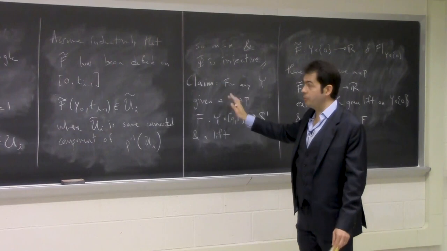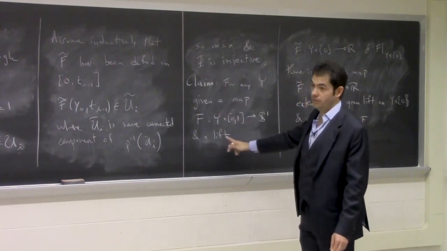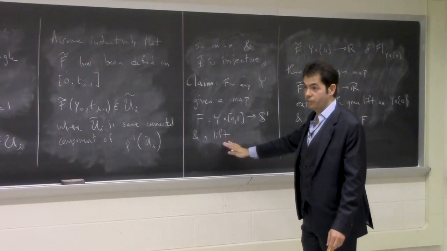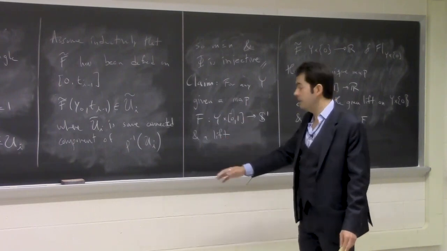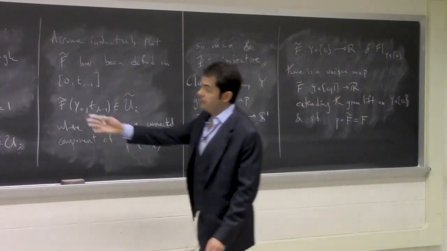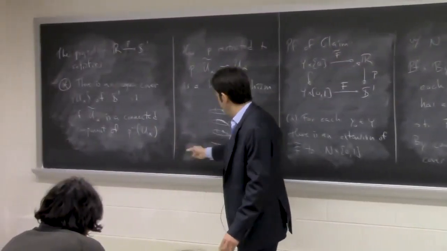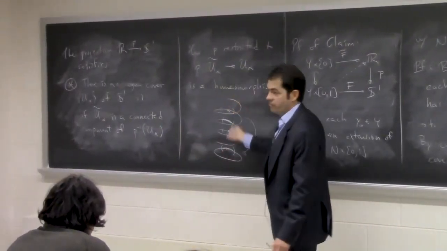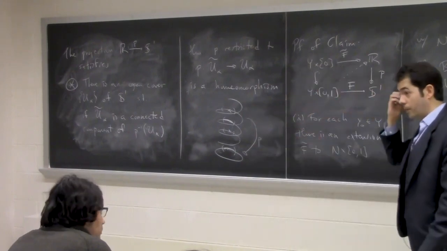And really, for this proof, we just need the case y equals a point or y equals the interval. So y equals the point gives you lift of paths, and y equals the interval gives you the lift of homotopies. So we're going to prove this stronger claim from this fundamental fact about the projection, that in little pieces, you have an inverse.